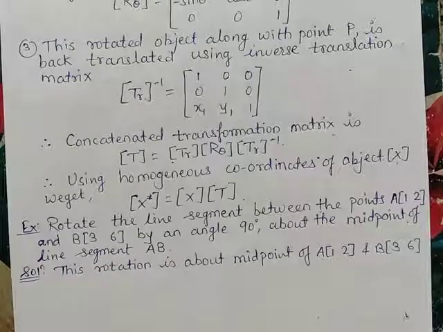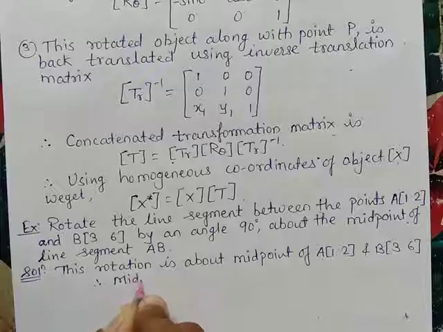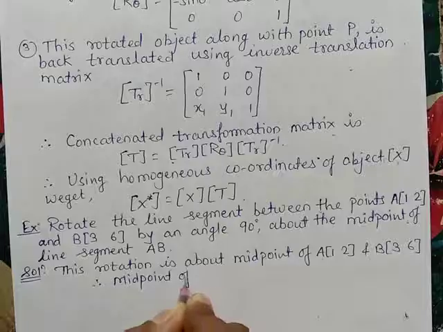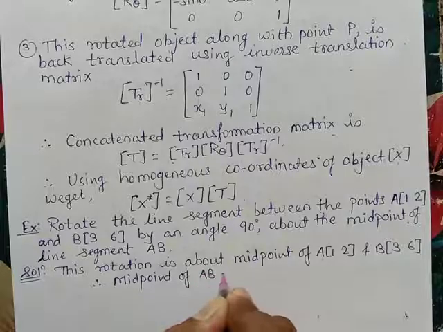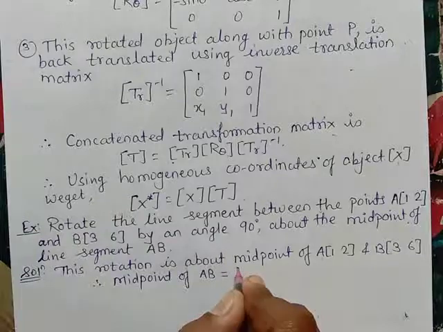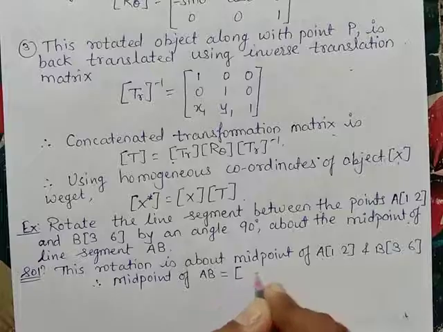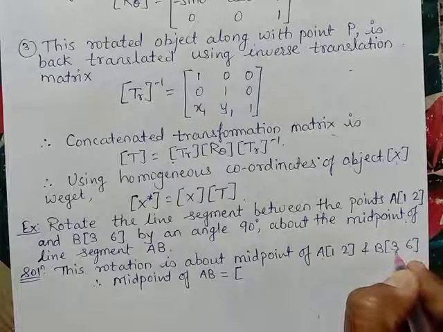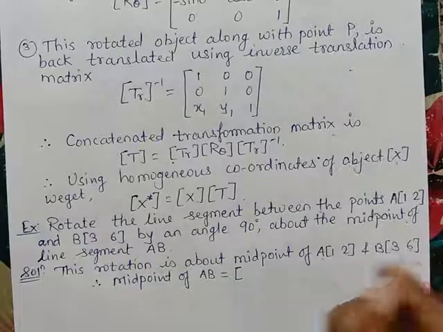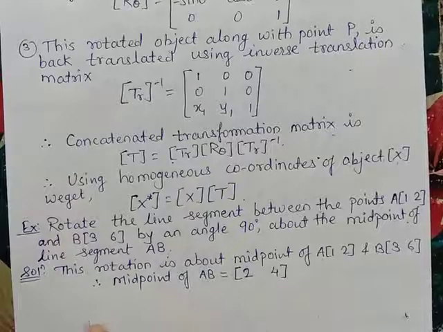Okay, so what is the midpoint here? Midpoint of AB is (x1 plus x2) upon 2, (y1 plus y2) upon 2. That will be 2 and 4 here, (2, 4).